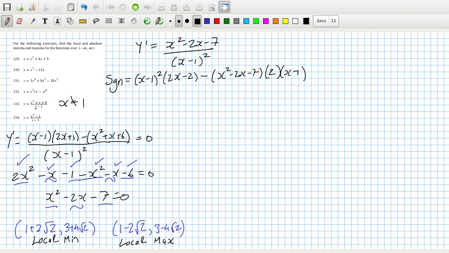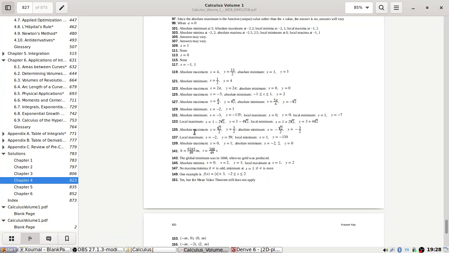When x approaches 1 from the left or the right, we can get a positive or a negative, but the top is always positive. So I think there's no global min either. So you only have local min and local max. Let's find out. Local and local. Nice.